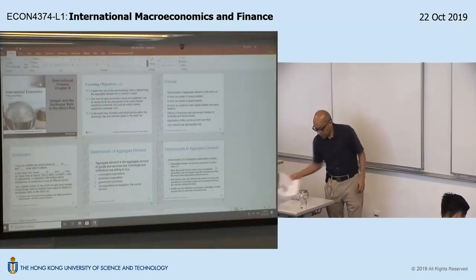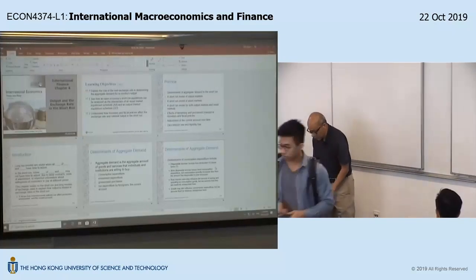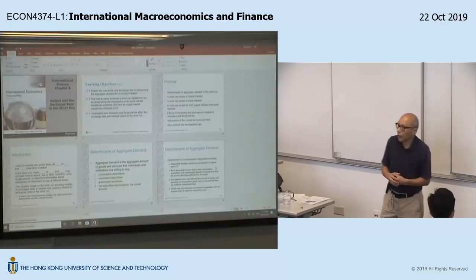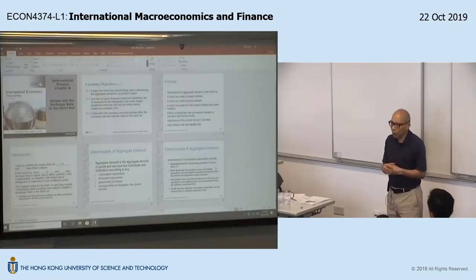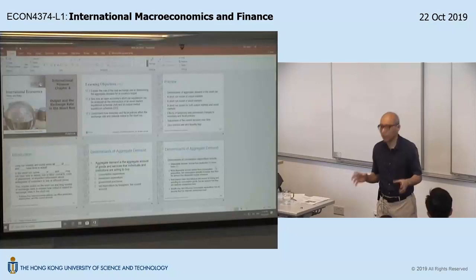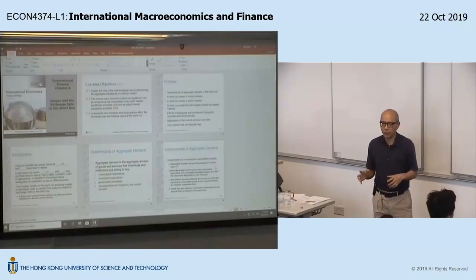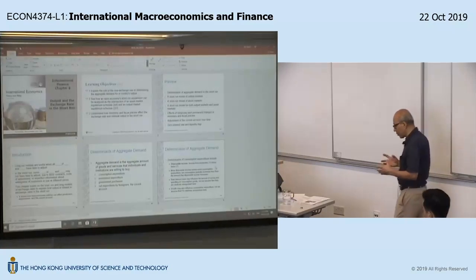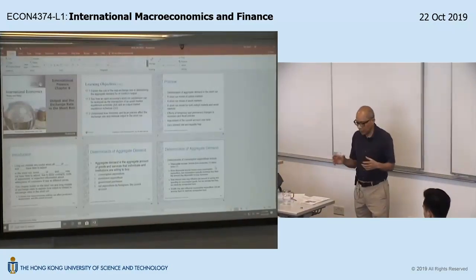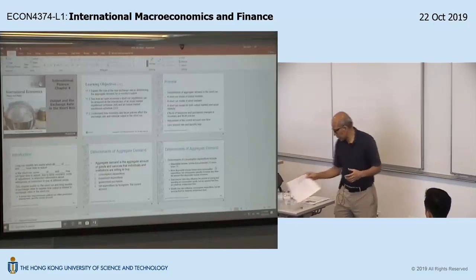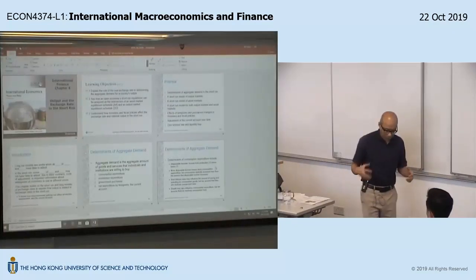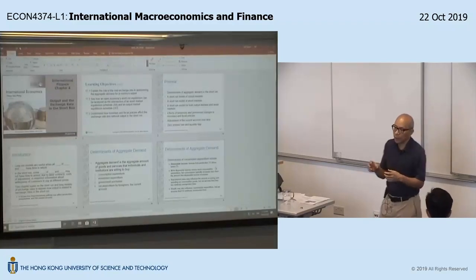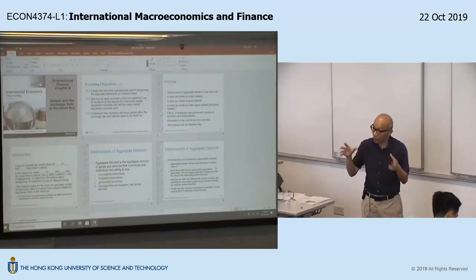In a place like Hong Kong, open economy macroeconomics is particularly relevant compared with larger economies like the U.S. Because in the U.S., net export is only a very small percentage of the GDP of the country.